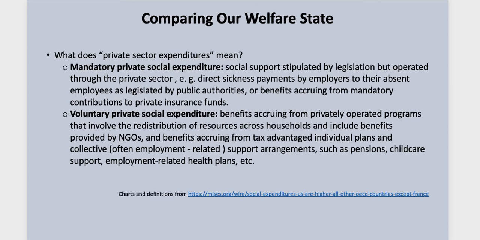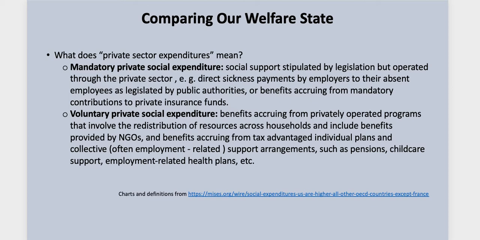So, for instance, the mandatory things may be that the government requires sick leave for employees. In this particular model, that's considered a private social expenditure, or benefits that accrue from mandatory contributions to private insurance funds, those kinds of things.